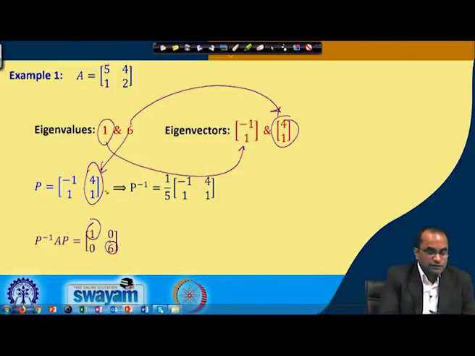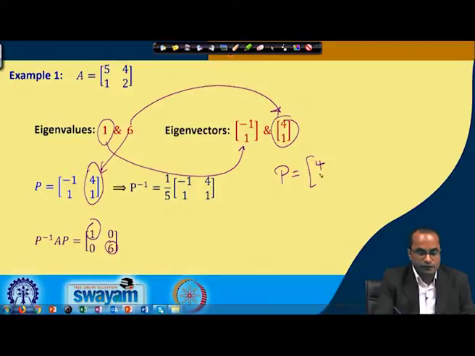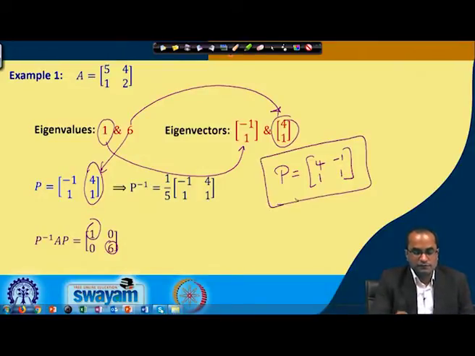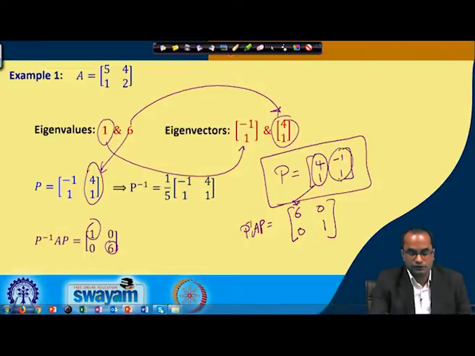If we change the order, for instance P as 4, 1 and minus 1, 1, then P inverse AP will be 6, 0 and 0, 1, because the first column corresponds to 6 and the second to 1.